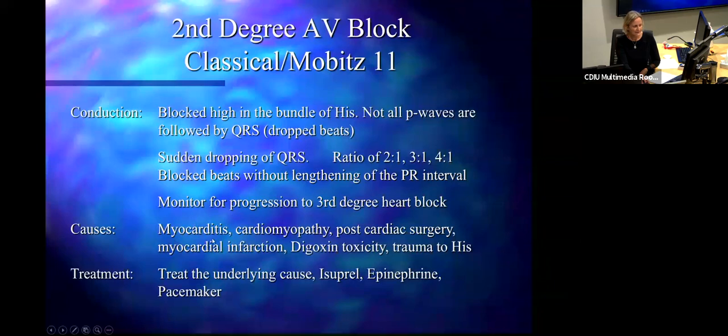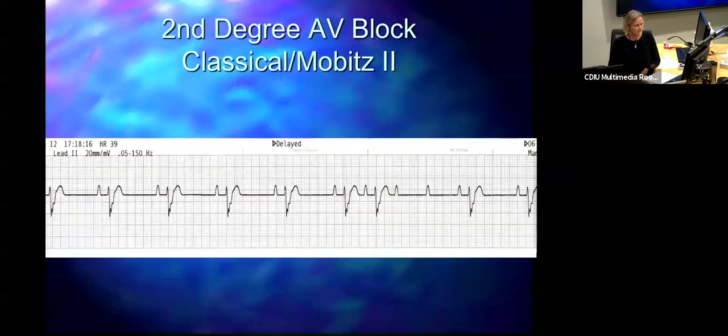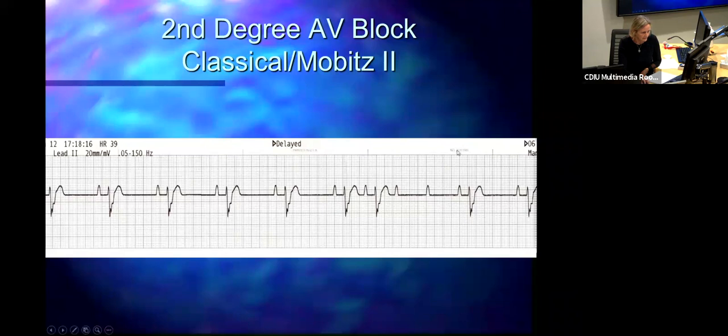So the reasons are, again, myocarditis, cardiomyopathy, post-cardiac surgery, myocardial infarction, so many of the same reasons. And then again, we're going to treat the underlying cause. If they're bradycardic, you could use isoprel or epinephrine or a pacemaker. So when we look at this diagram and see how it differs from the previous one, we'll use this strip here.